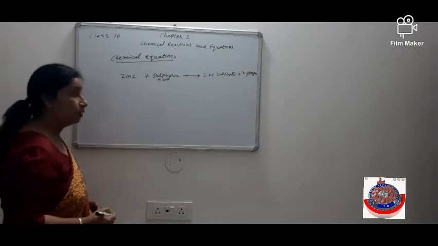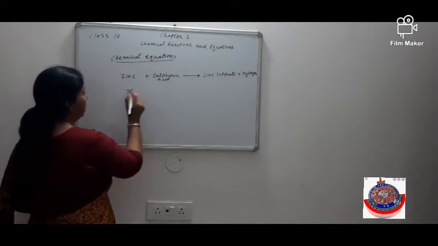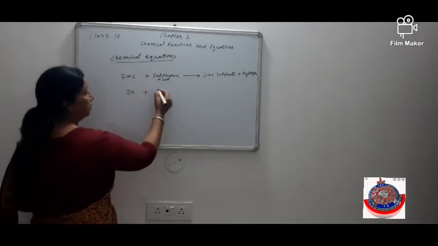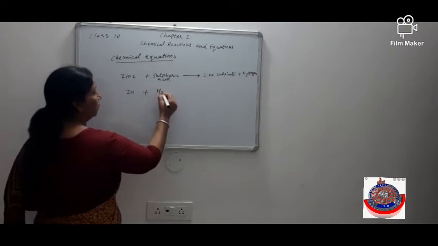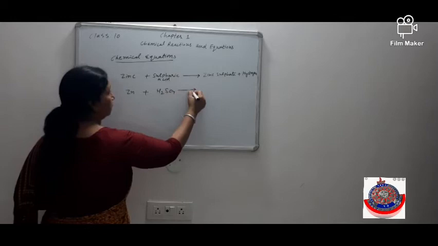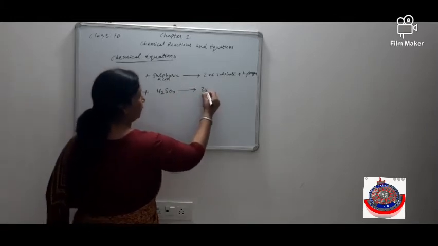Now write in the form of symbols. Zn, the symbol of zinc is Zn, plus sulfuric acid. The formula of sulfuric acid is H2SO4. Both combine, they form zinc sulfate, ZnSO4.